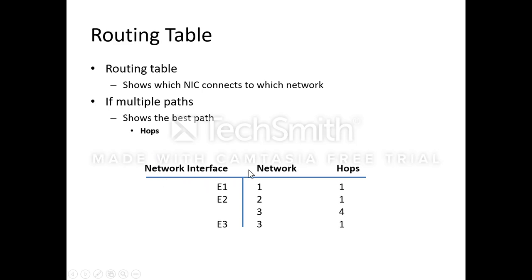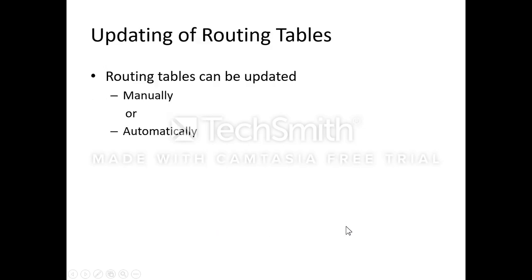So what this routing table shows is that you can get to network 3 through network interface card 2, but it'll take you 4 hops to get there. It's really a shorter path if you use network interface card 3. That will also take you to network 4, but there's only 1 hop.